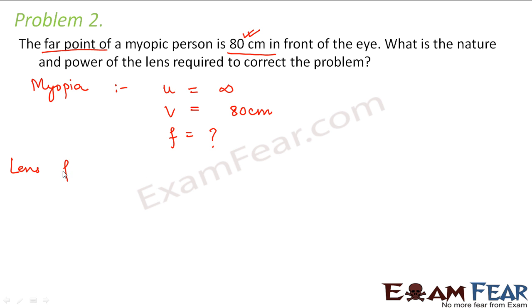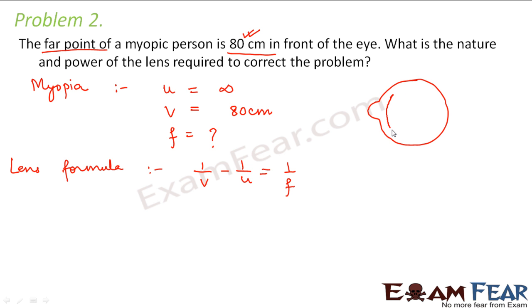So now let us use the lens formula. What is the lens formula? It is 1 by v minus 1 by u is equal to 1 by f. Now let us remember, this is our eye and this is my eye lens. What happens in case of myopia? In case of myopia, the light rays entering the eye form the image much before the retina.